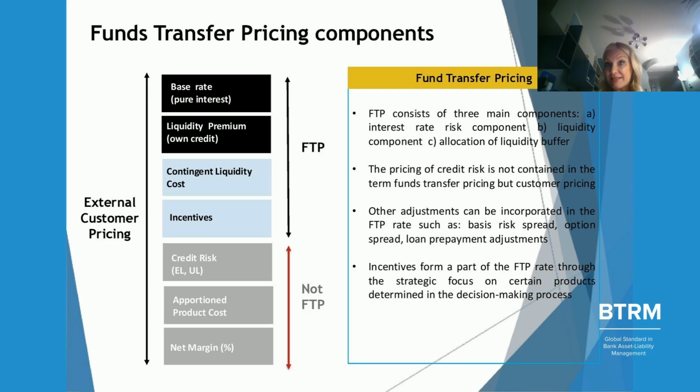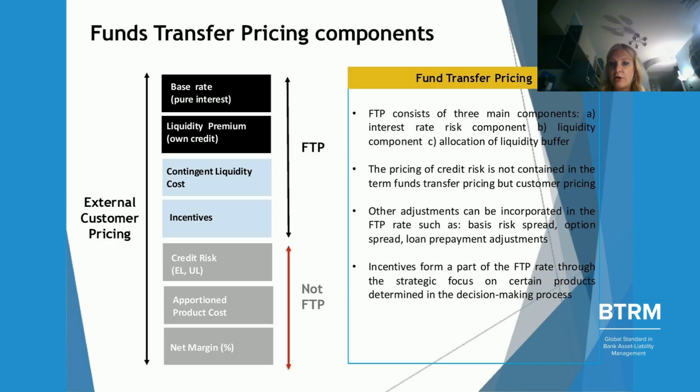Some portion of cost is passed on in terms of the final rate. So we have these main four elements of the FTP. This is not FTP. When we refer to FTP, we are talking about these building blocks.